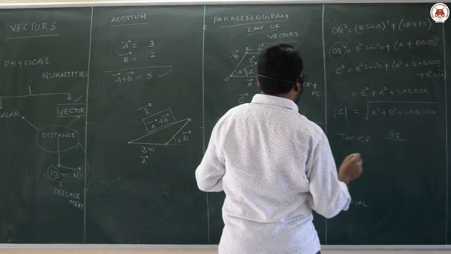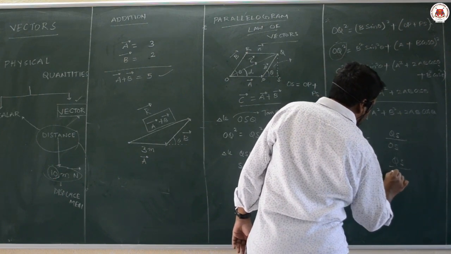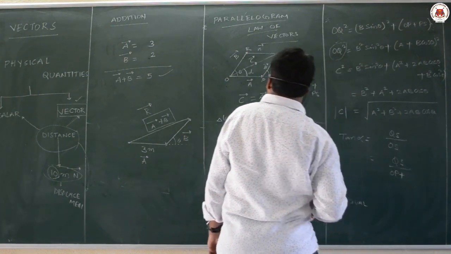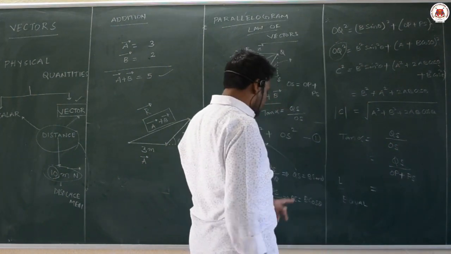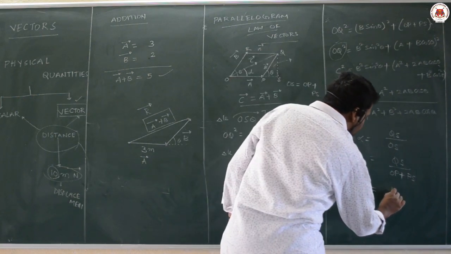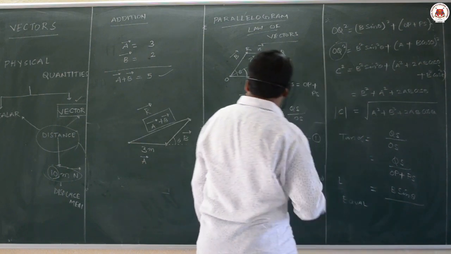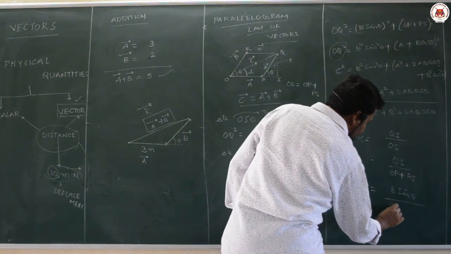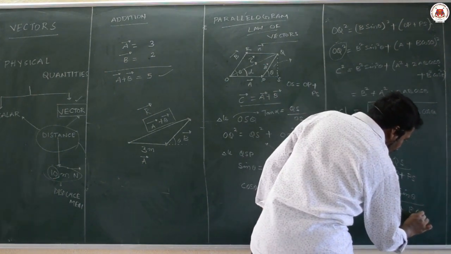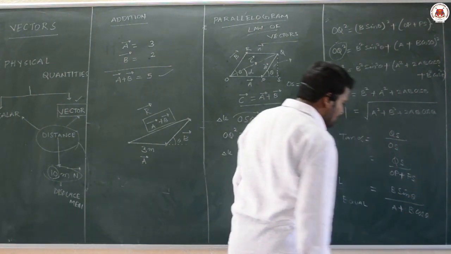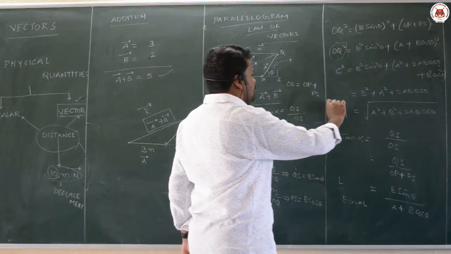OS means OP plus PS, so that is equal to QS by OP plus PS. Now QS I can write as B sin theta, divided by OP which is A, plus B cos theta. Okay. This is the direction. So when you are adding two vectors, this is the magnitude, this will be the direction.